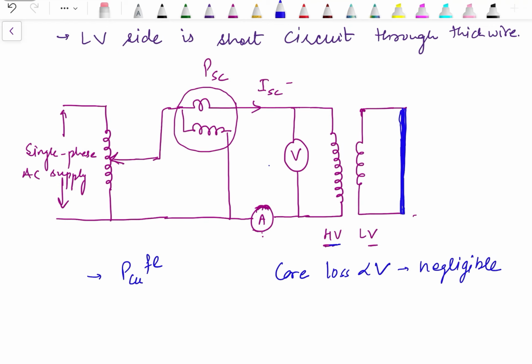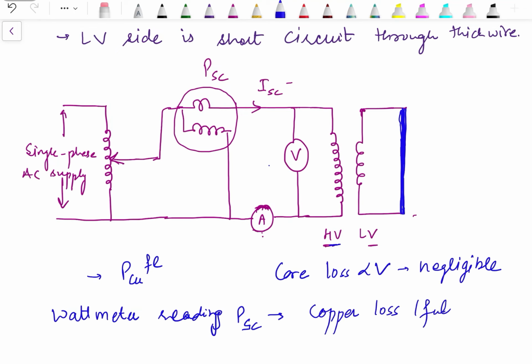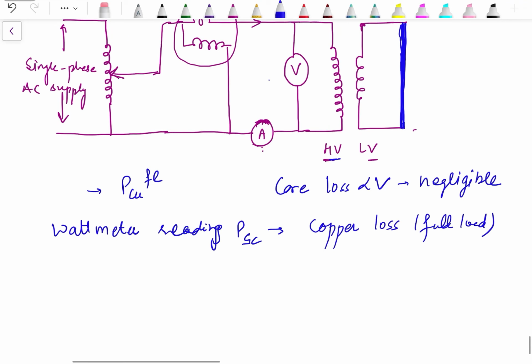So the wattmeter reading which we denote by PSC, that will actually give us the value of full load copper losses, that is the rated copper loss.